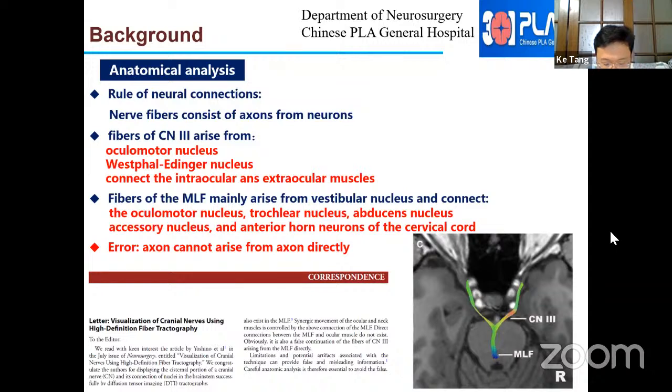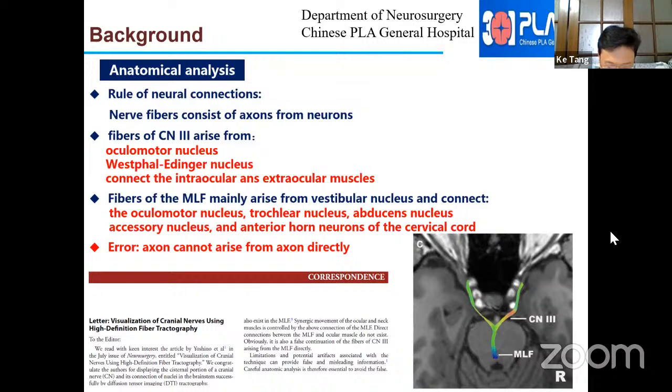Thus, the fibers of cranial nerve 3 arise from the oculomotor nucleus and the Edinger-Westphal nucleus to connect the intraocular and extraocular muscles, whereas the fibers of the medial longitudinal fasciculus mainly arise from the vestibular nucleus to connect the oculomotor nucleus, trochlear nucleus, abducens nucleus, accessory nucleus, and the anterior horn neurons of the cervical cord.